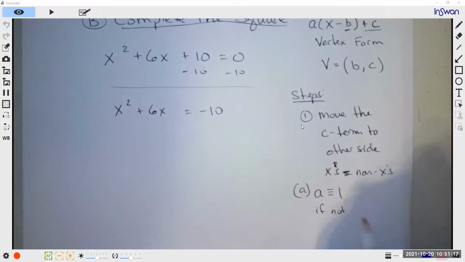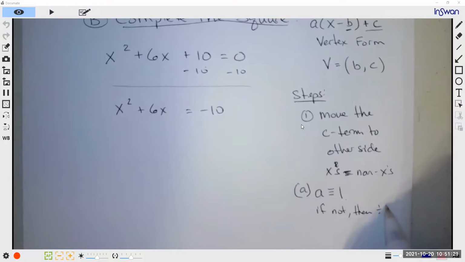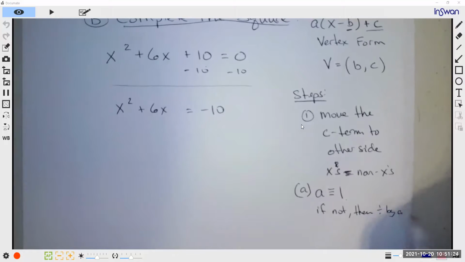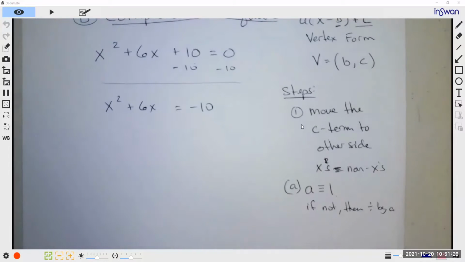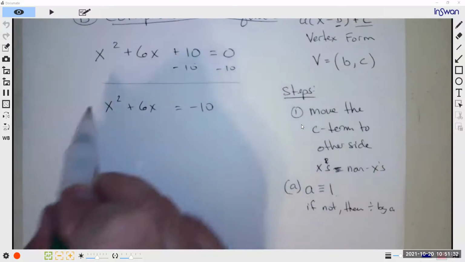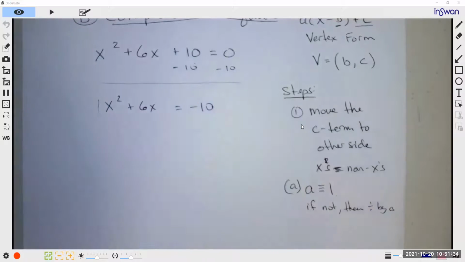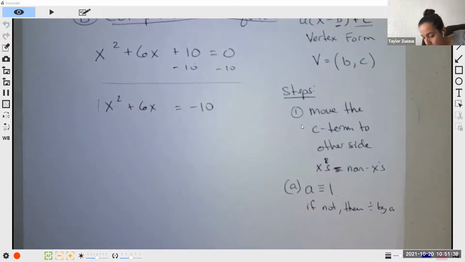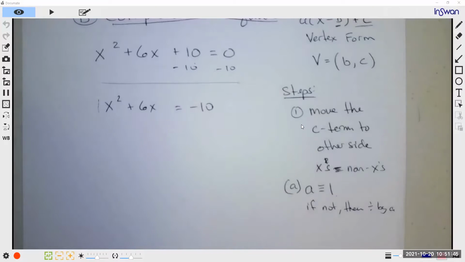If not, then divide by A. Divide the entire equation by A. But since our A is 1, we're good to go. Not divide by A. Gotcha. Okay, so A is 1 though.